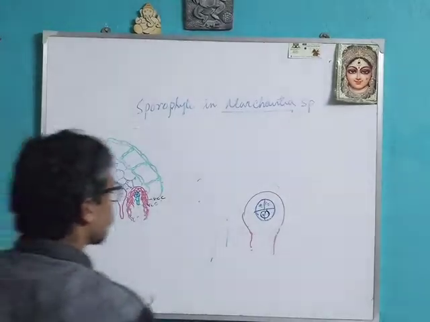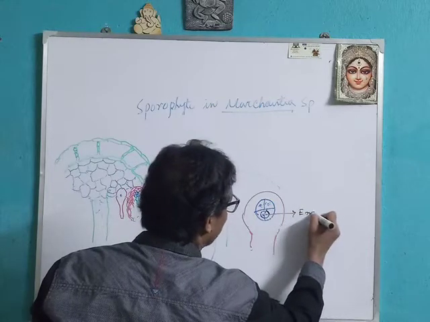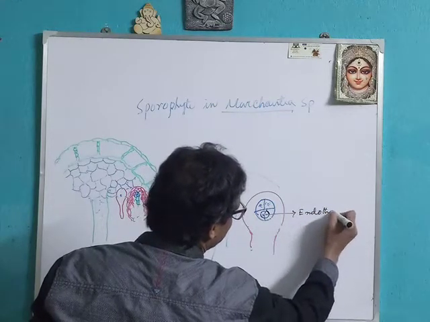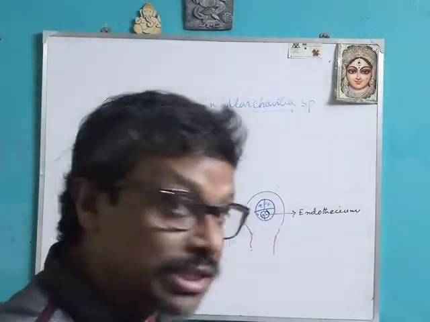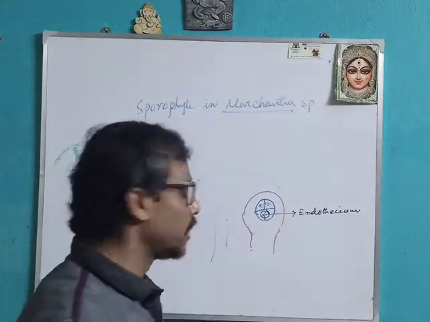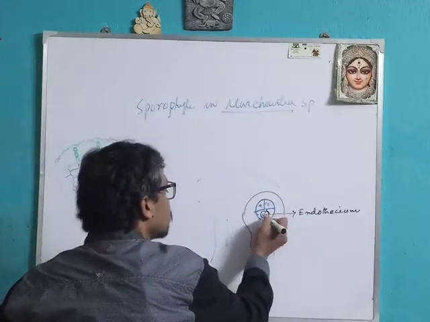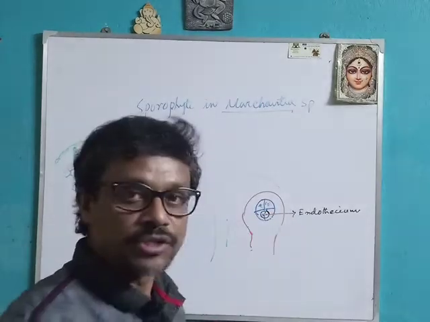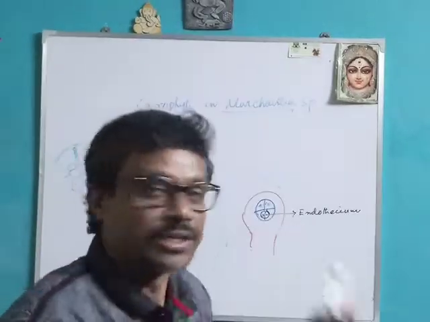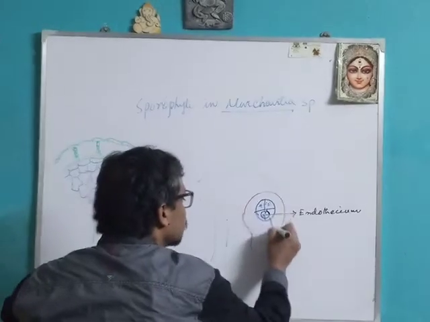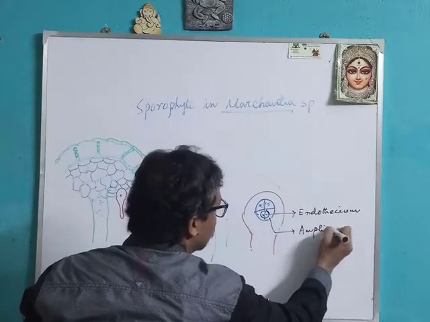Now this central portion will be called the endothecium, and the required changes will take place in this central portion. The outer cells are known as the amphithecium.